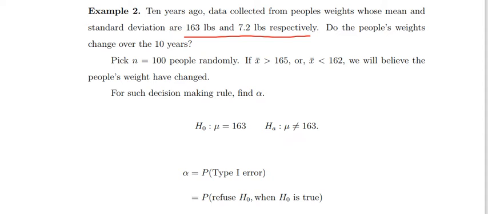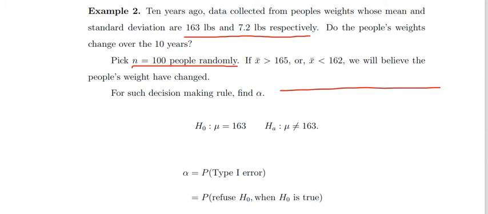We wanted to check whether people's weight has changed over the 10 years. So for this purpose, we intend to check 100 people. We will pick 100 people randomly. So the decision making rule is thus.